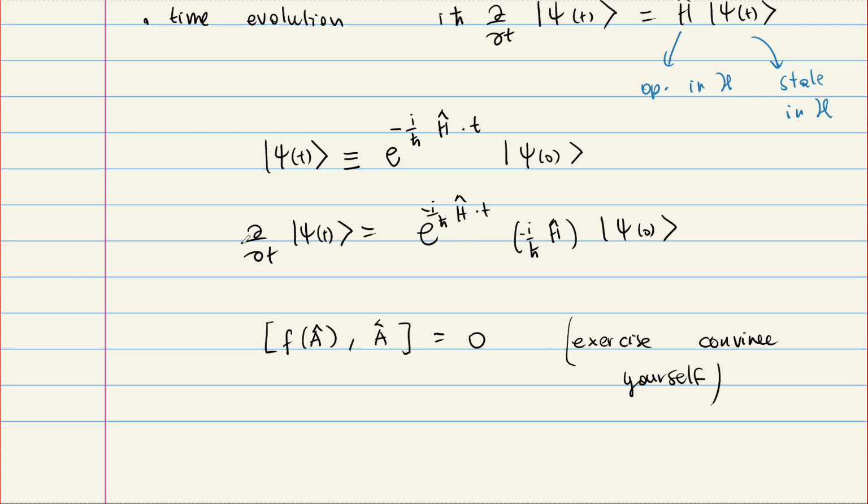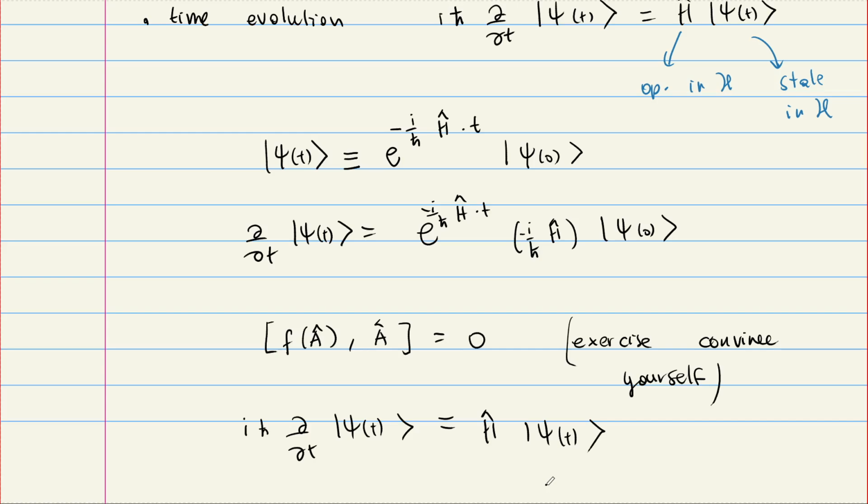And if this is the case, I can write this as, I multiply both sides by iħ: iħ ∂_t |ψ(t)⟩ is equal to this H times this thing, but that thing is the definition of |ψ(t)⟩, so I have H |ψ(t)⟩.